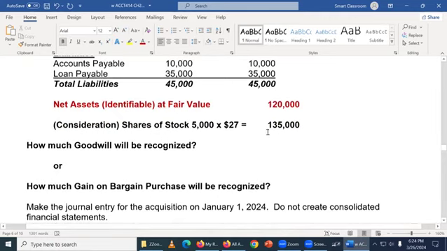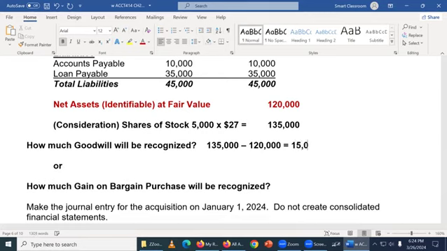So here's the identifiable assets, 120. Here's what we gave them, 135,000. How much goodwill will be recognized? We're going to have 15,000.